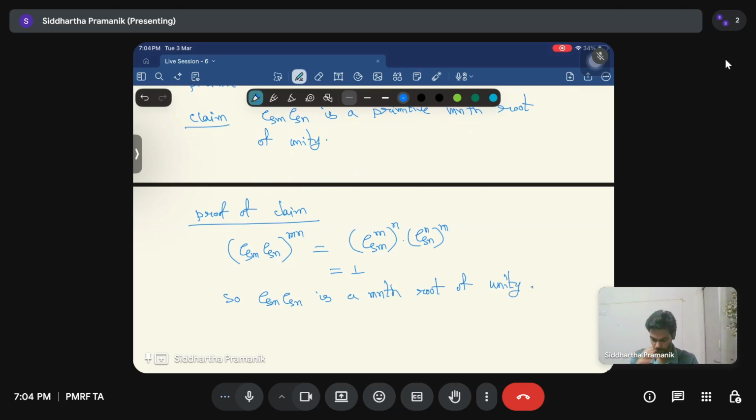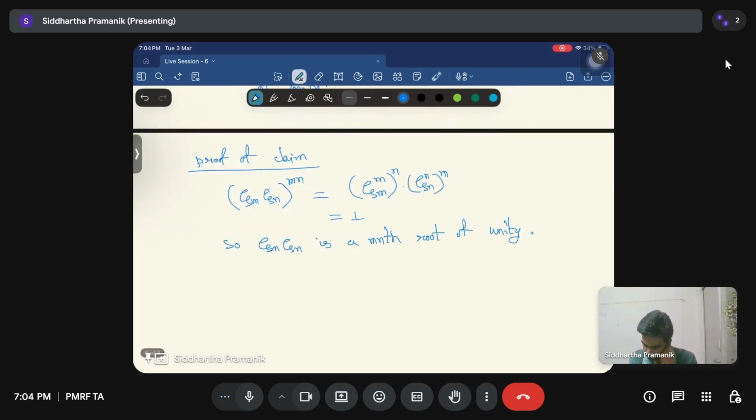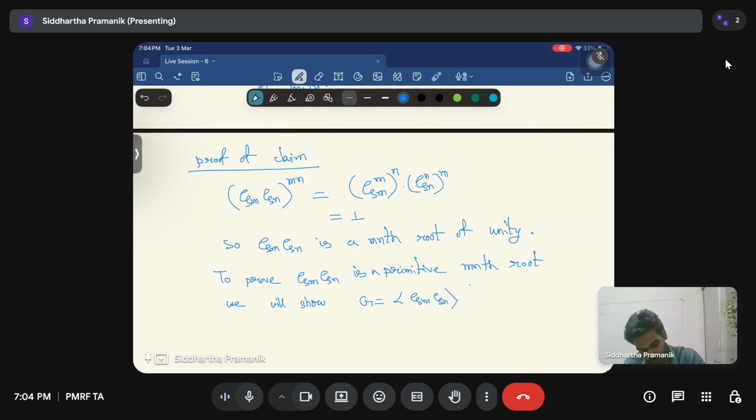Now why is it primitive? To prove that zeta m times zeta n is a primitive mnth root, we will show the group generated by this element has order mn. Because if it is a primitive mnth root, then only the cyclic group generated by this will have mn elements.